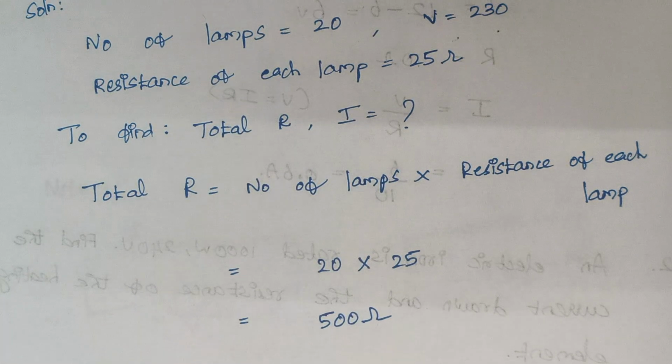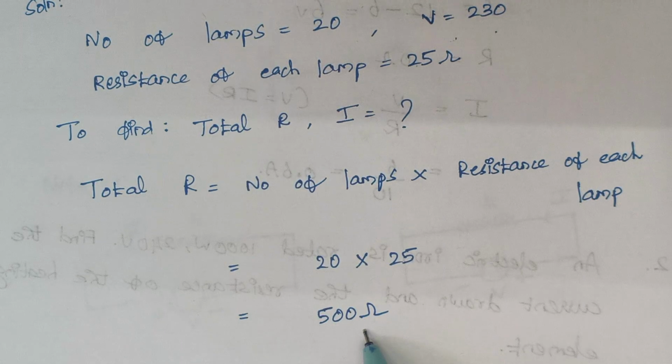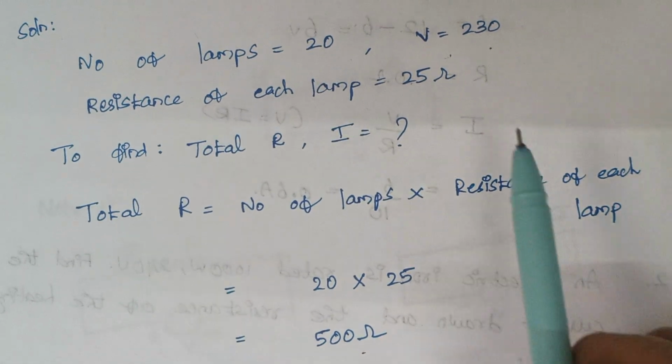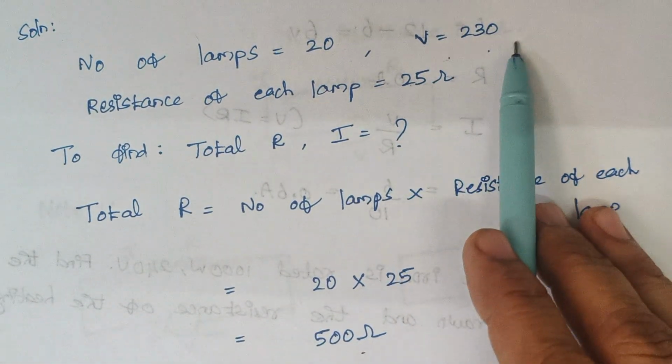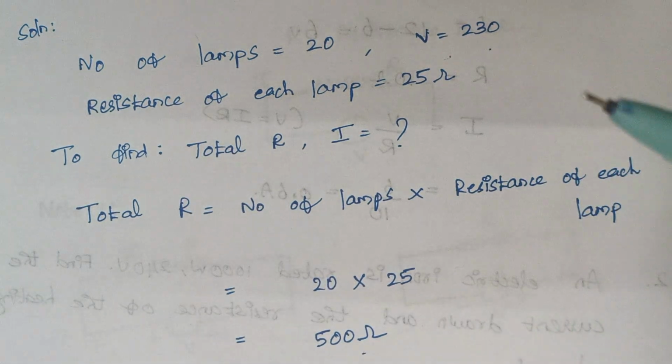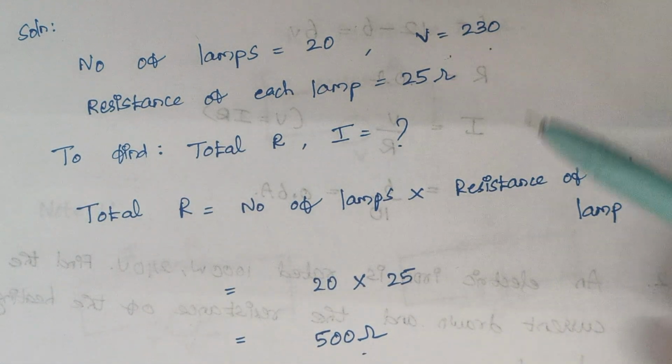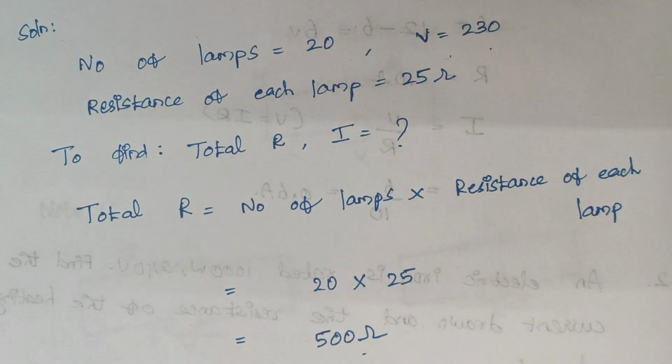Now one part of the problem is over. The second thing is you have to calculate the current. You know the value of resistance and you know the value of the supply voltage, so you can make use of Ohm's law.